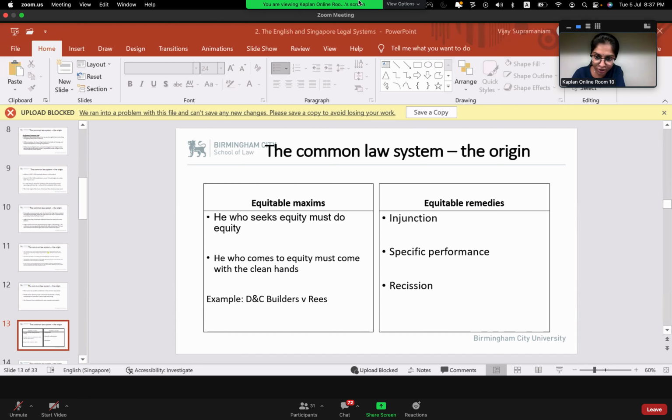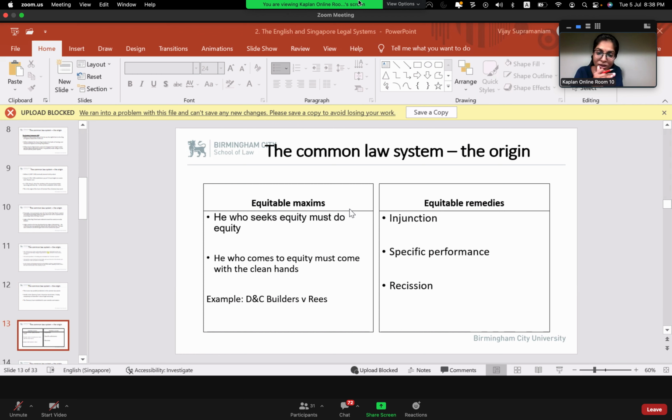Okay, in essence, you got it right, Azira. So like what Azira said, Mr. and Mrs. Reese actually found out that DNC Builders were in financial difficulties. And the work done by DNC Builders, we had no issues with the work, okay? But Mr. and Mrs. Reese wanted to make use of DNC Builders' financial position and said, we're not happy with your work, so we will reduce the contract price.